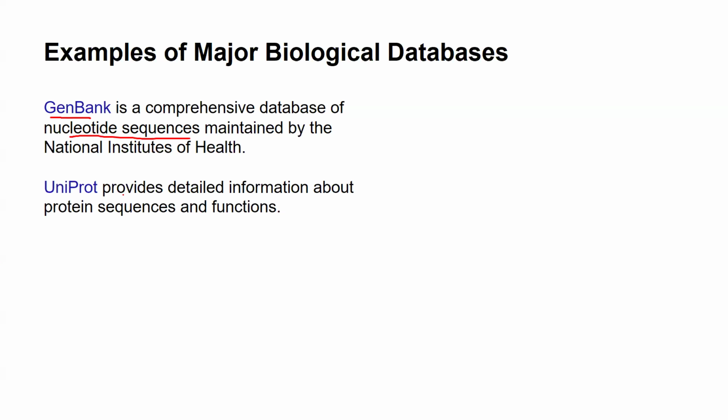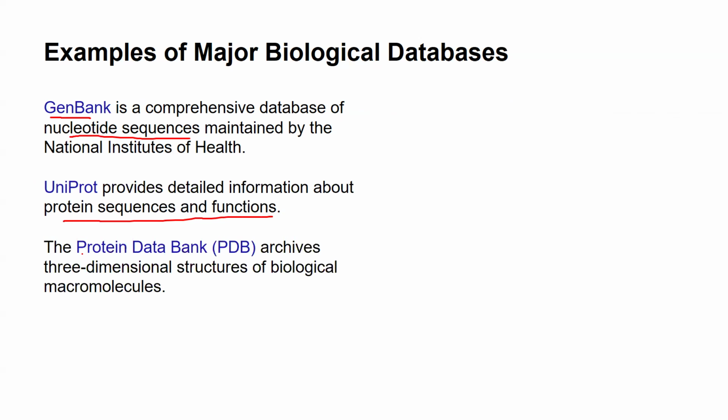And we have UniProt. So GenBank is for nucleotide sequence, and UniProt provides detailed information about protein sequence. So if you're looking for protein sequence and functions, you go to UniProt. And if you are looking for nucleotide sequence and functions, you go to GenBank.